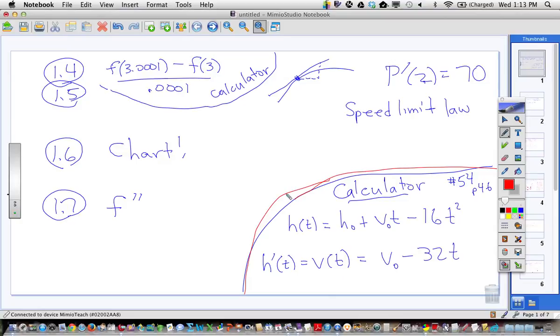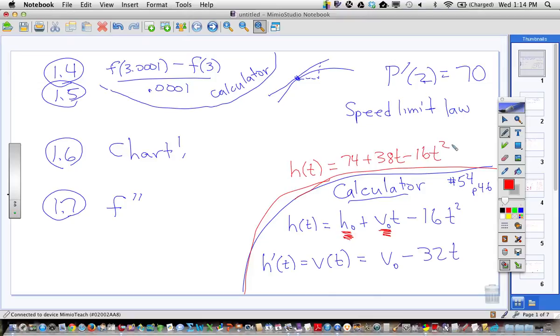But basically, I'll give you an equation that will be in this format. And you just need to understand that that number is the initial height. The middle term is the initial velocity. That number in front is the initial velocity. So I think on that particular problem, number 54, it said something like this. It was like 74 plus 38t minus 16t squared, I think was the equation. So what's the 38 there?